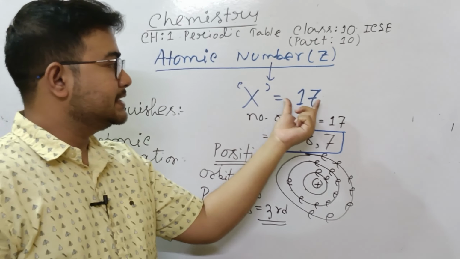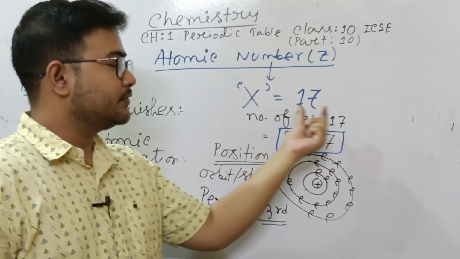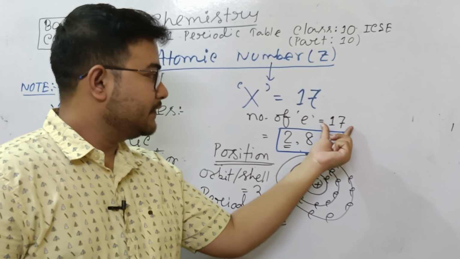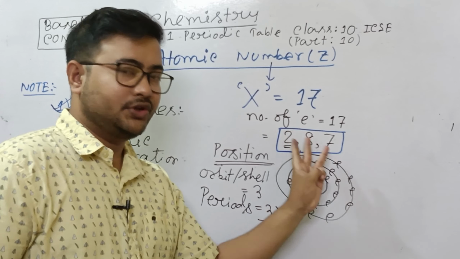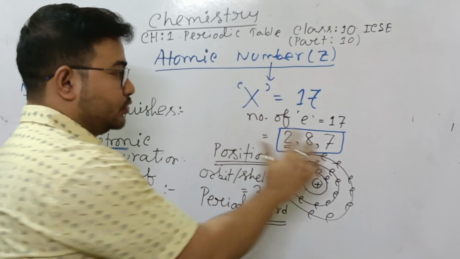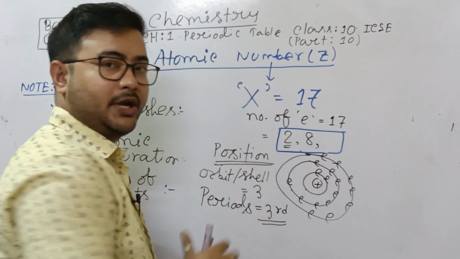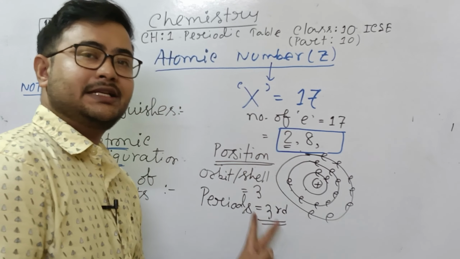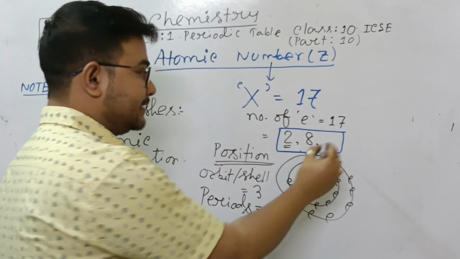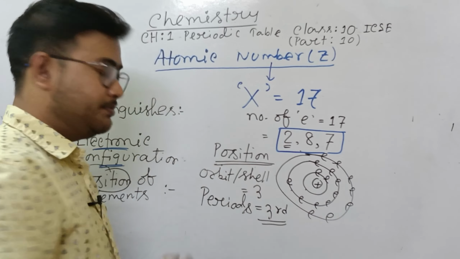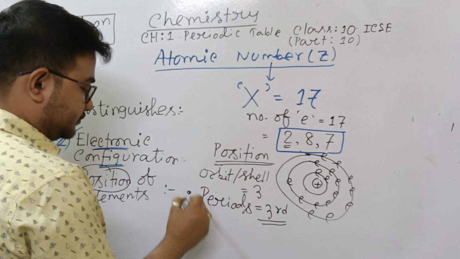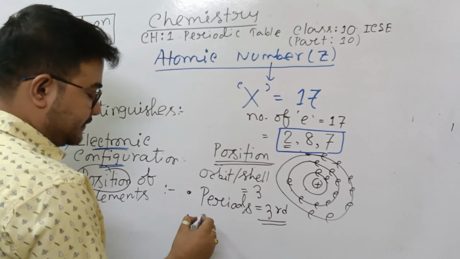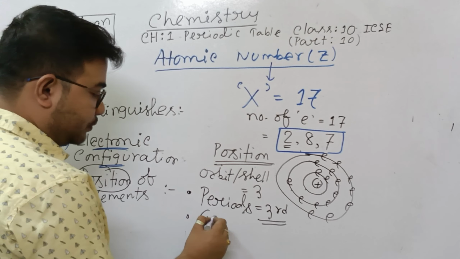First you have to calculate: since the number of protons is 17, the number of electrons is also 17. From 17 write down the electronic configuration. How many shells? 3. So third period. Suppose the electronic configuration is 2, 8, so how many shells? 2. Then your answer is second. Since here it is 3, what is the number of the period? Third.